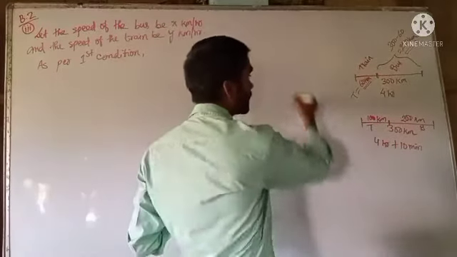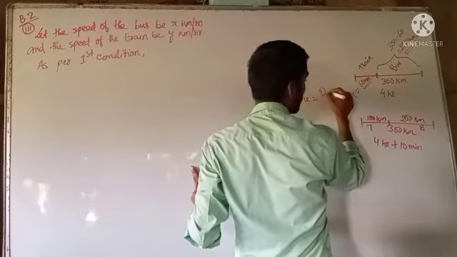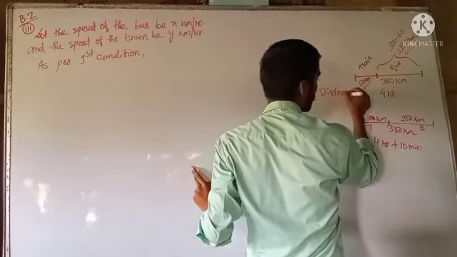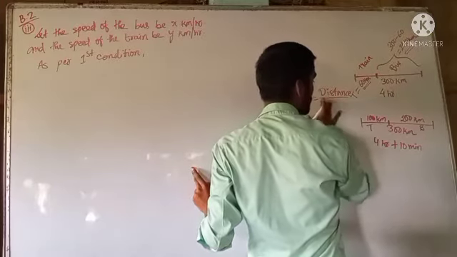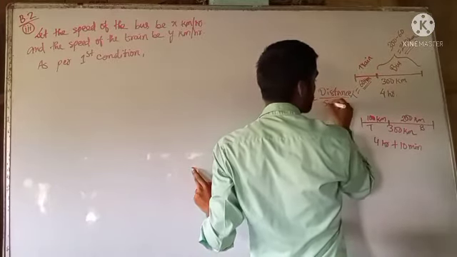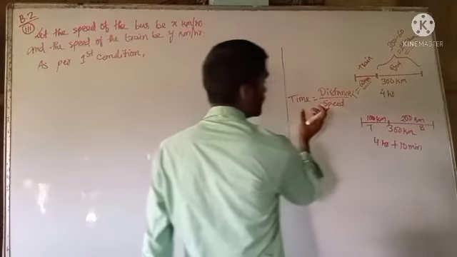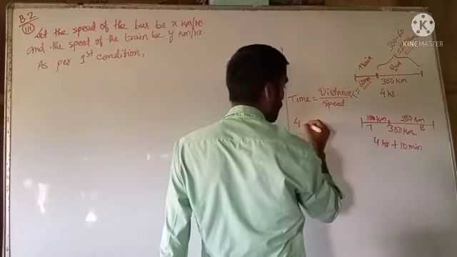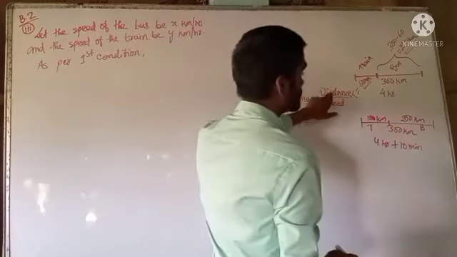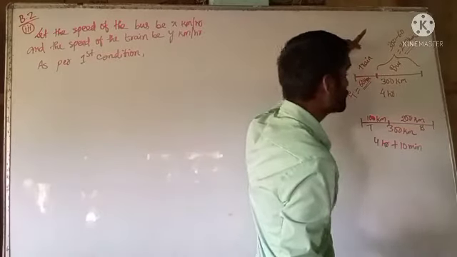We will use the same formula, that is time is equal to distance by speed. So now here time taken it is 4 hours. So 4 hours is equal to distance by speed. So distance by speed for train, first we will take it.